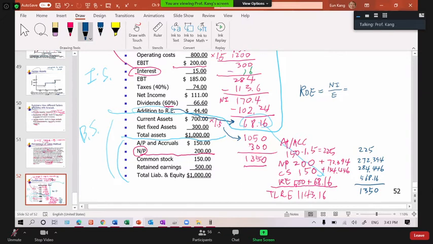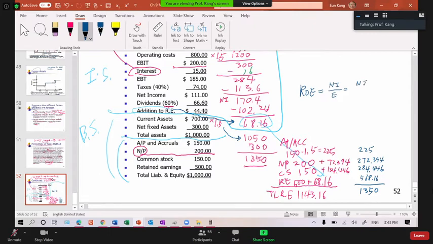No, 1350 is total liabilities and equity. 568.16. That's it? No more? 852.61. I think that's correct, yes.